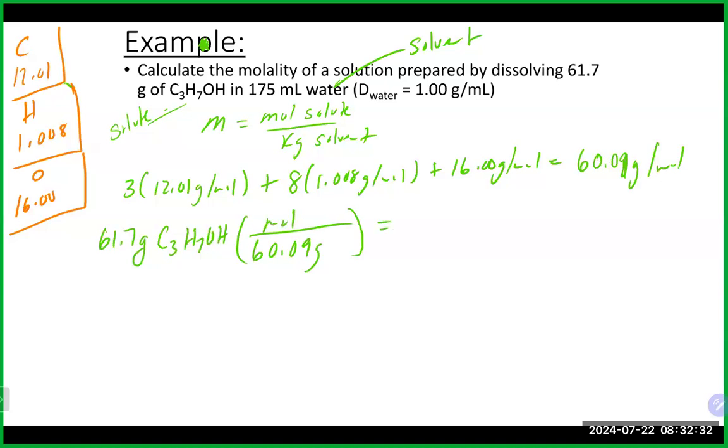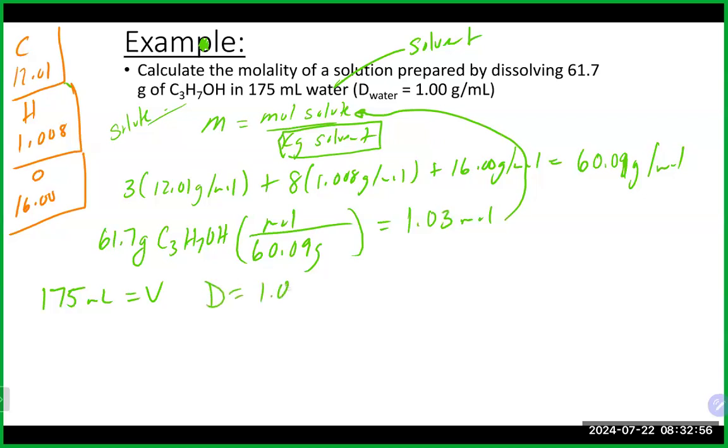And if we do that, 61.7 divided by 60.09 gives about 1.03 moles. Once again, that is the top part that we need. We do need kilograms of our solvent. In this case, we have the volume of our solvent, and we do have the density given to us.